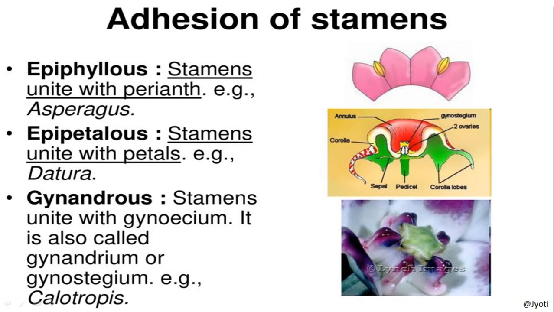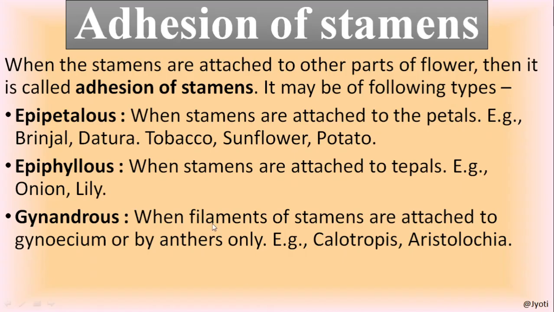So these three terms are very, very important. Epipetalous means attached to the petal, epiphyllous means attached to the tepals, gynandrous means attached to the gynoecium or the carpels.